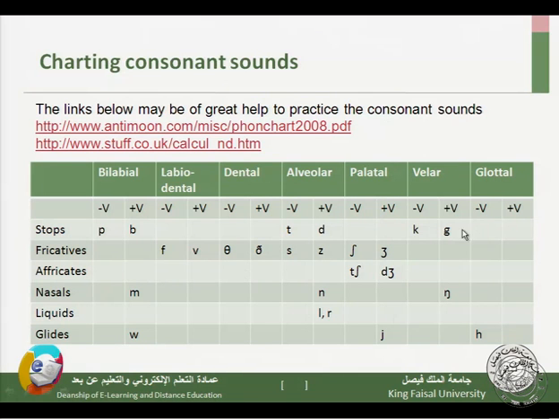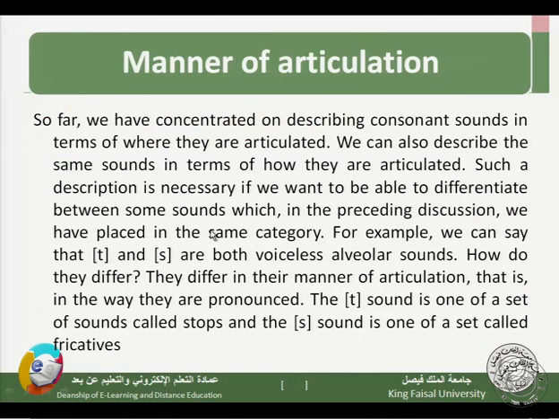So this table presents the consonant sounds, but we still need to deal with the manner of articulation. So far we have concentrated on describing consonant sounds in terms of where they are articulated.